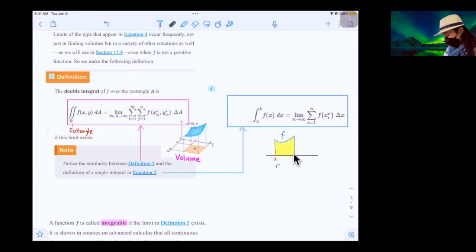The area under the curve, if f is a positive function. The double integral represents the value under the surface, if f is a positive function.